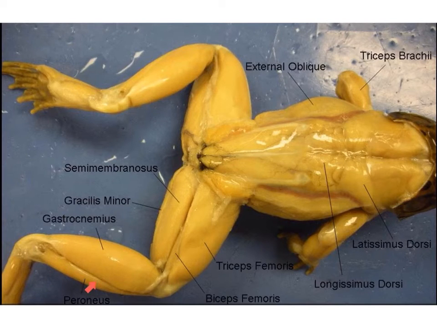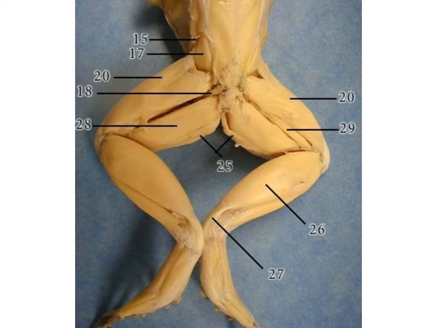In between the peroneus longus and the gastrocnemius you'll feel the bone that is the tibialis. And this right here is actually called the tibiofibula on the frog, where we have a fusion of the two bones.